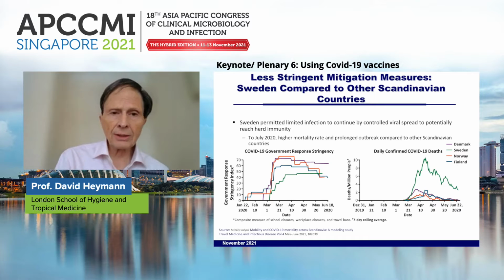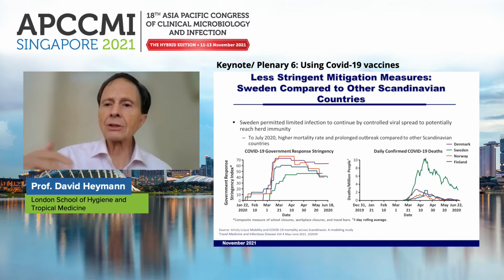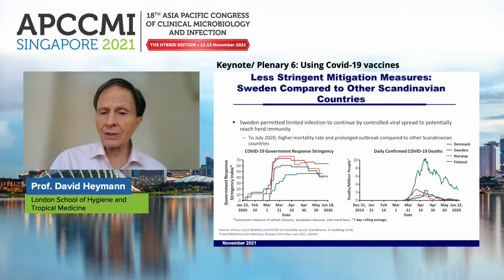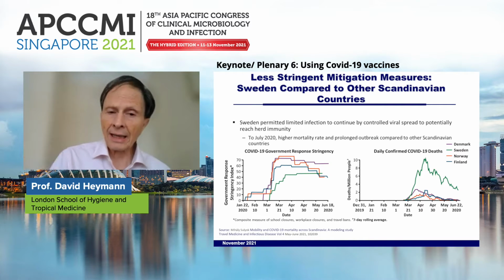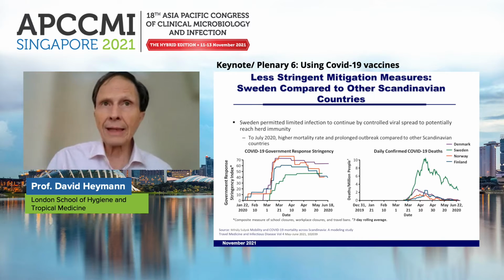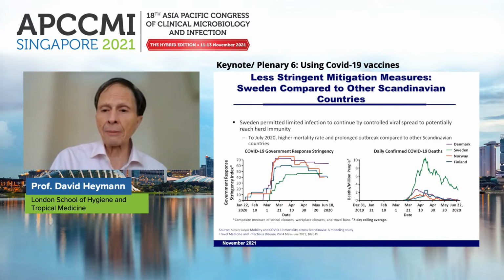And so what you see on the left is what's called the Stringency Index, which was developed in this research paper. You can see that the Stringency Index was lowest for Sweden, the green line, but at the same time, you can see that they did have a severe number of deaths because this disease's deaths are not equally distributed among populations.